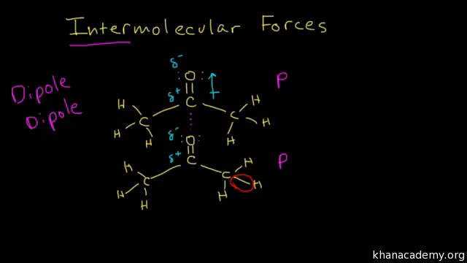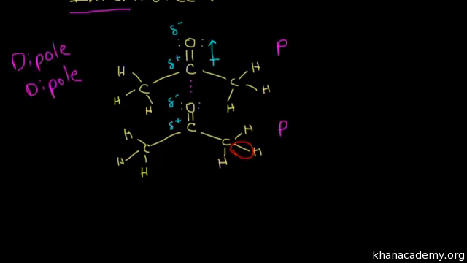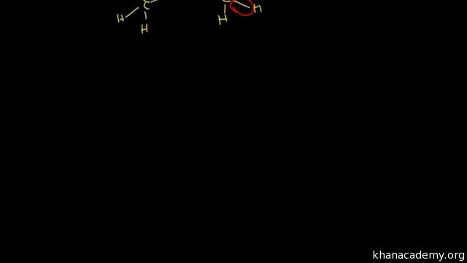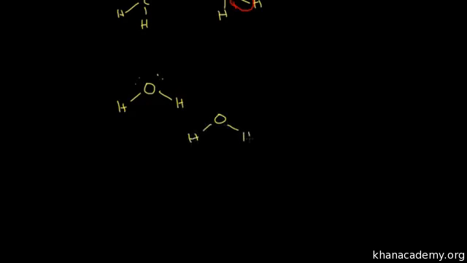Let's look at two other molecules, and let's see what intermolecular force exists between them. So let's do two water molecules. So if I go ahead and draw one water molecule like that, and then I have another water molecule down here, I know that water is a polar molecule because this covalent bond between oxygen and hydrogen is polarized.